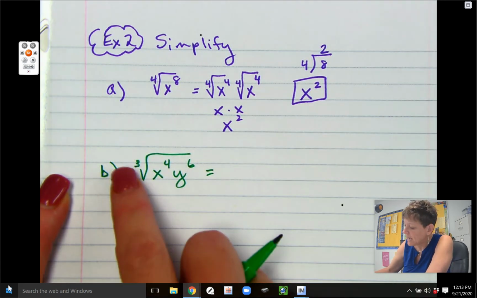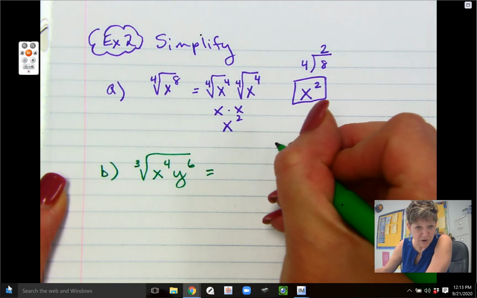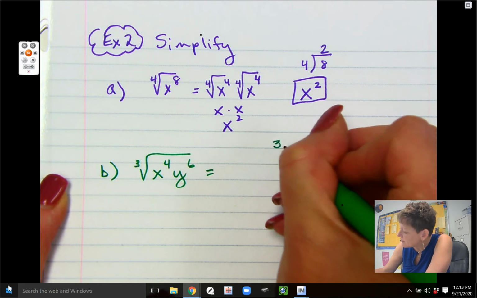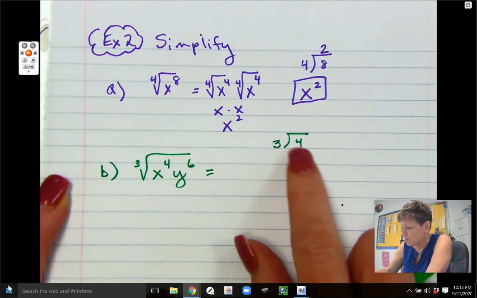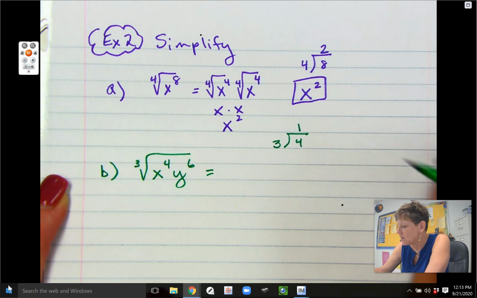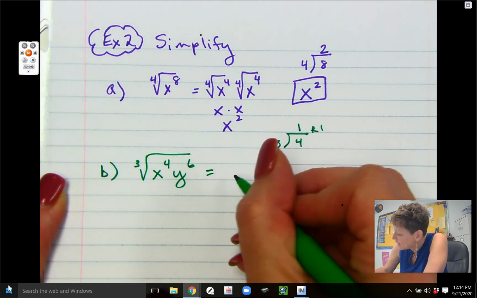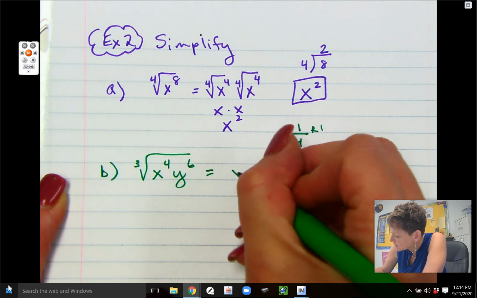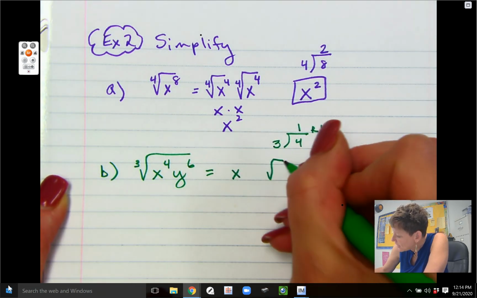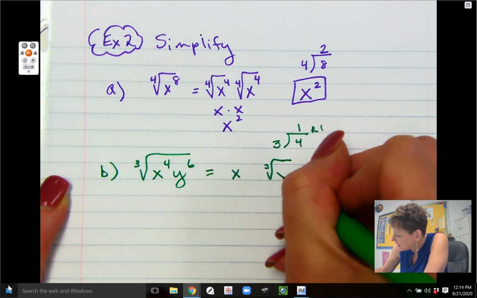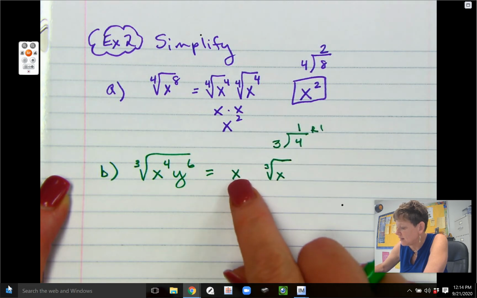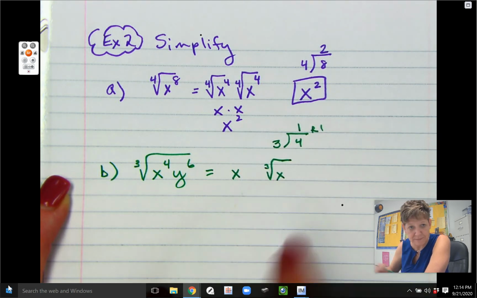Okay, so I'm going to ask how many times, and I do this part typically in my head, how many times does 3 go into 4? 3 goes into 4 once with 1 left over. So I'm going to have one of my x's on the outside and one of my x's left over on the inside. This is on the outside and this is on the inside.